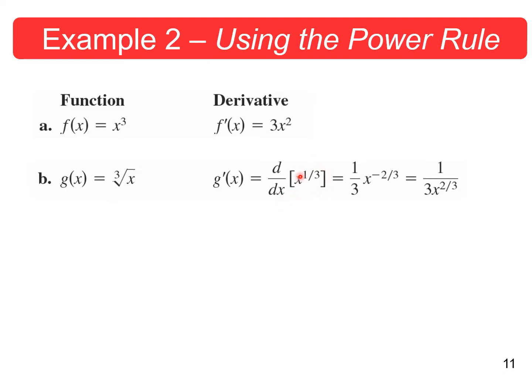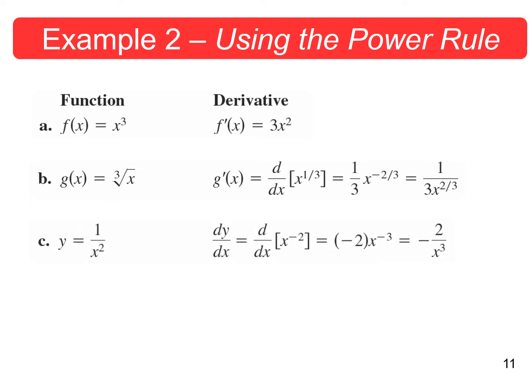First you copy the exponent, that is 1/3, and then you subtract 1 from the exponent. So you have 1/3 minus 1 is equal to -2/3. Therefore, this is equal to 1 over 3 times x to the 2/3. Remember, for laws of exponents, if you have negative exponents, you can bring that down to the denominator to make the exponent positive.